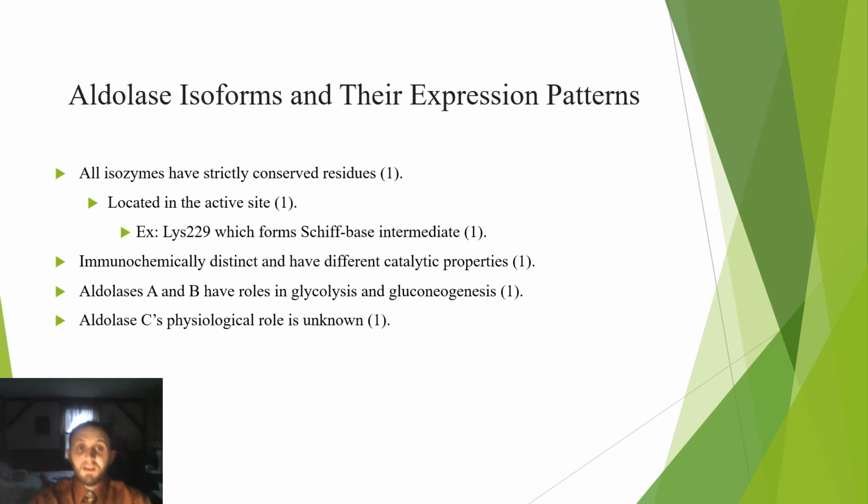Each of these aldolase isoforms is unique in its immunochemical distinction, and they have different catalytic properties, such that the ratio of the specificity constants for the two hexose substrates of aldolase C is between those of A and B. Aldolases A and B have well-defined roles in glycolysis and gluconeogenesis.